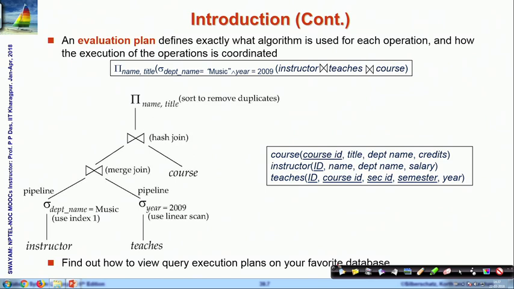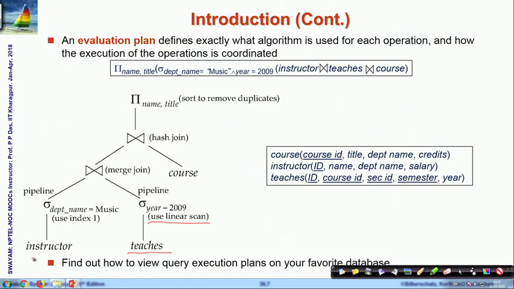So, here we show that along with the parse tree of the query in relational algebra, we are also putting some annotations to say how this particular query will be processed. If we want to find the tuples where the year is 2009 and there is no specific index on that, then for this selection, as we have seen earlier, the best way would be to use a linear scan.